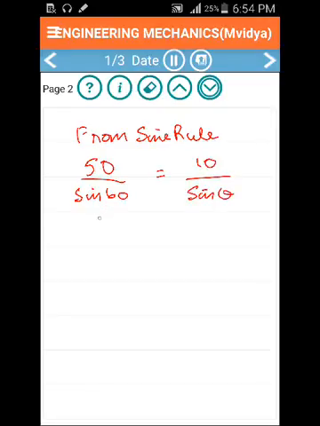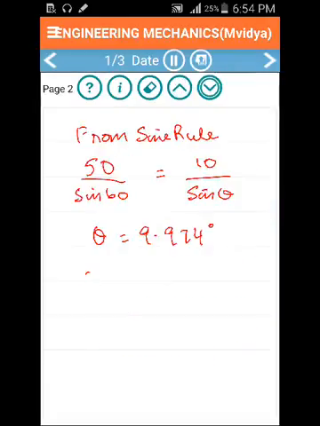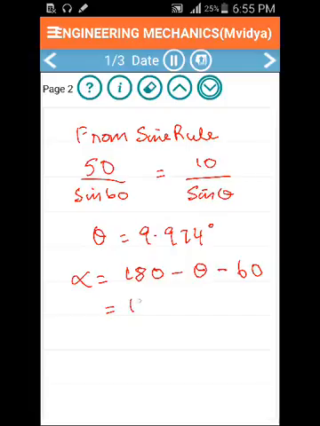From this we get the angle theta equal to 9.974 degrees. So this angle alpha will be 180 minus theta minus 60, which is 110.026.